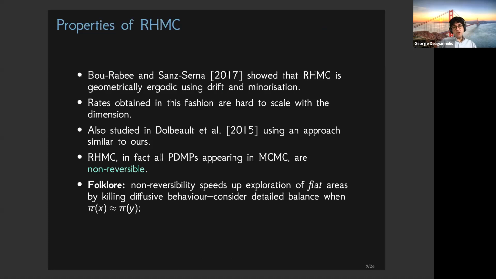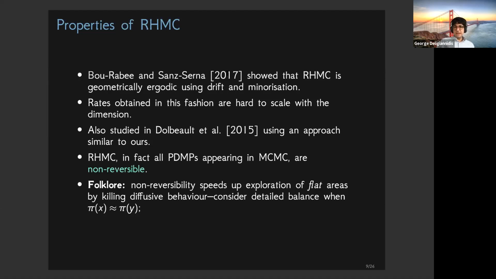Okay, so what do we know about RHMC? Bou-Rabee and Sanz-Serna proved geometric ergodicity using drift and minorization. It's also studied in the paper by Deligiannidis et al. from 2015 that Ben mentioned in his talk. In Bou-Rabee and Sanz-Serna, obviously there is a geometric rate which is not explicit. It's usually hard to get explicit rates using drift and minorization in high dimensions, in many cases because the minorization condition is hard to scale very well.